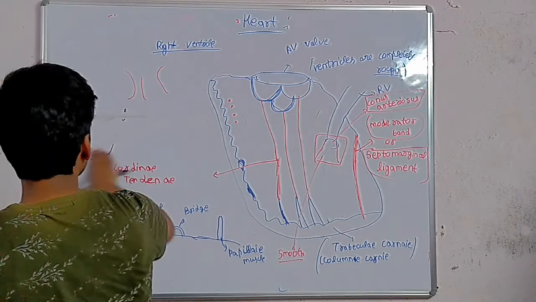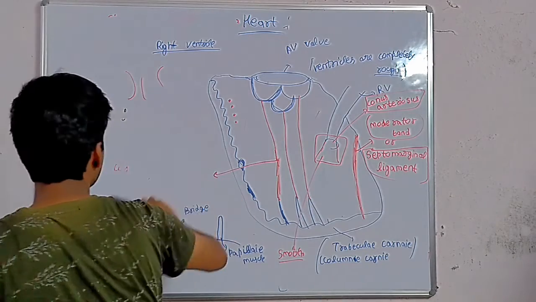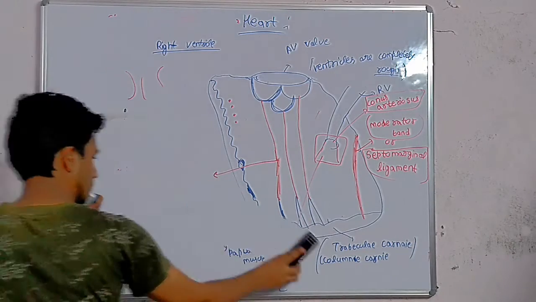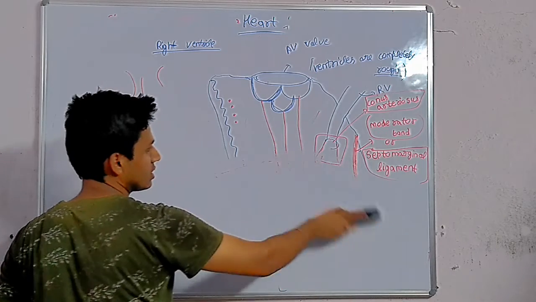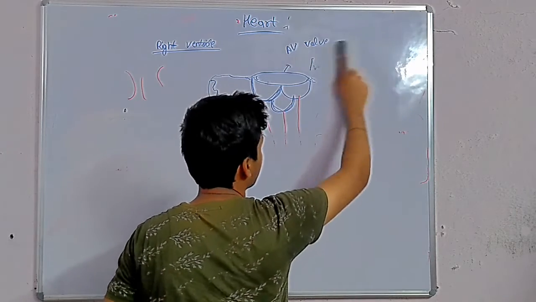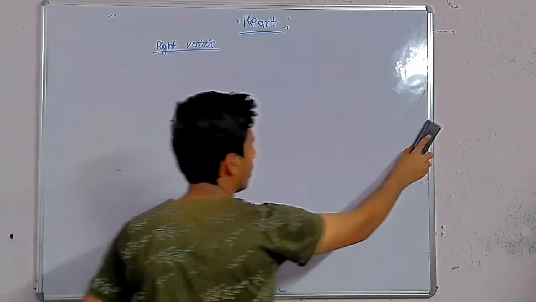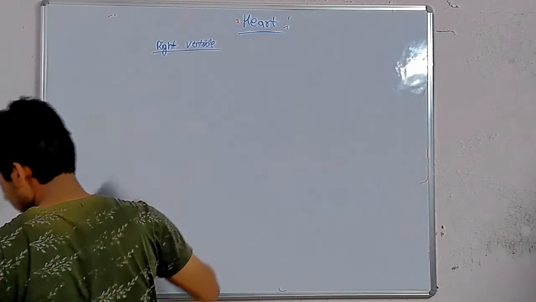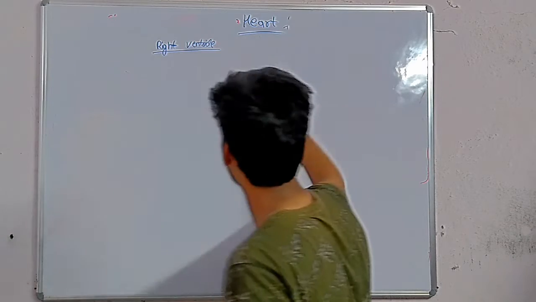So now let's start. The next chamber is the left ventricle. The left ventricle is almost the same, with just some important changes. First, the aorta emerges from it, so the aortic opening is an important landmark.